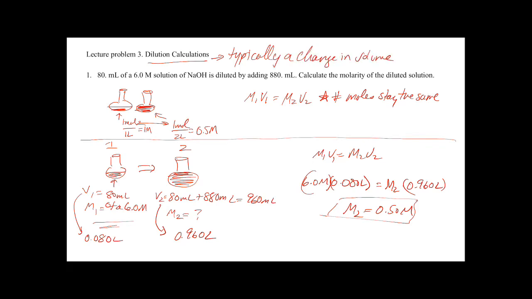So the two iterations could be either you take a solution and you add liquid to it, or you put it into a larger volume. That's this particular case. Or it could say how much of a certain solution would you need to put into another solution with a larger volume to get a certain concentration. So you're either calculating a volume or a molarity. So that's how we deal with the dilution calculations.